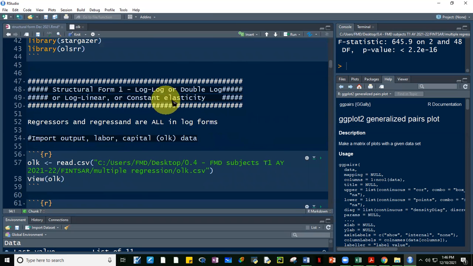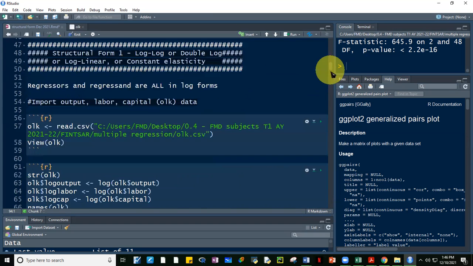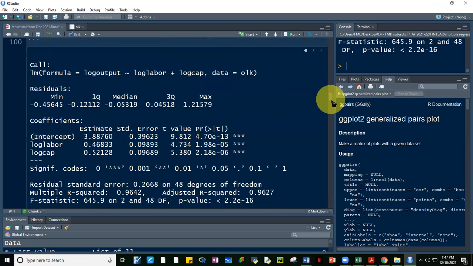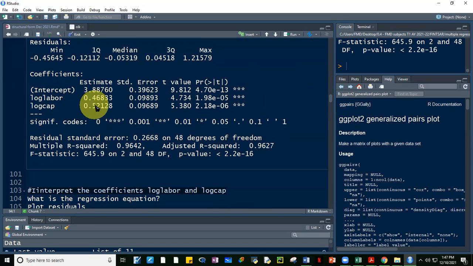Kaya nga, guys, ito ang tawag dito, elasticities. Ayan o, constant elasticity model. Ibig sabihin nun, when we interpret the output, we interpret it in terms of elasticities or percentage. So how do we read this? For every 1% increase in labor, then there's a corresponding 0.46% increase in output.